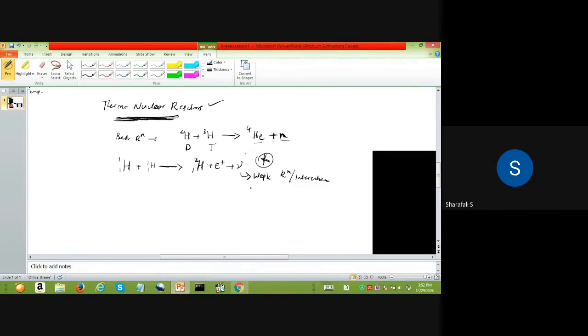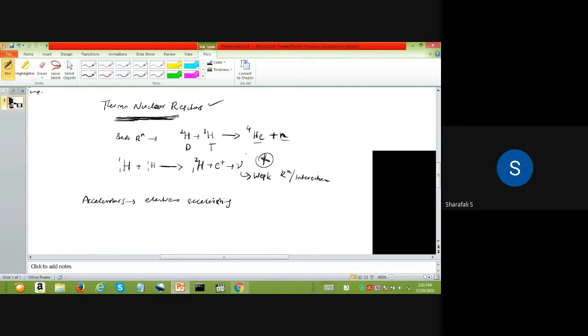And then if you consider the deuteron and the triton reaction again, we still need a very high temperature and confinement of those nuclei. If you consider accelerators again, in accelerators we have electron acceleration. Electrons are also accelerating along with the nuclei in that plasma state.